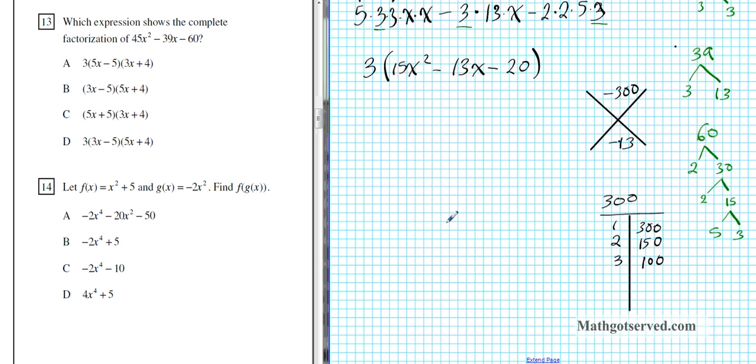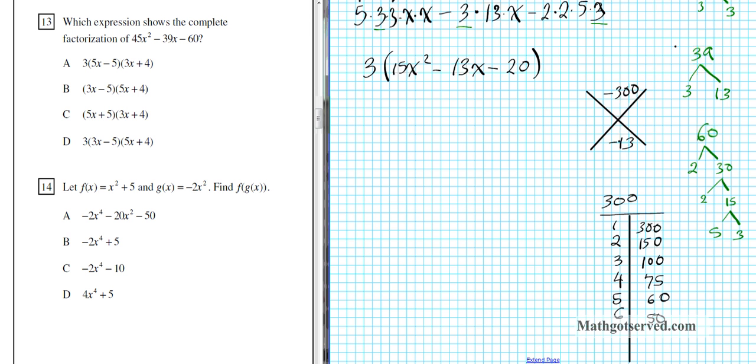All right, so we can try 4. 4 goes into 300 seventy-five times. That doesn't work. Let's try 5. It goes into 300 sixty times. That doesn't work either. So we're going to keep writing down all the factors. 6 goes into 300 fifty times.